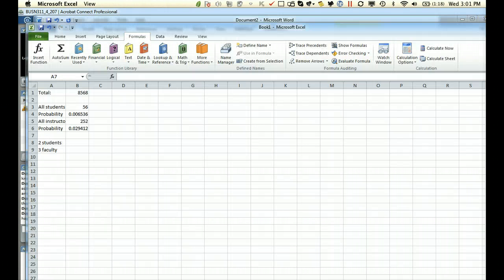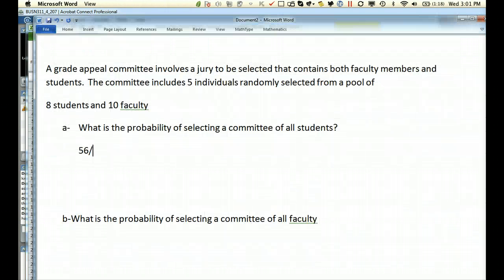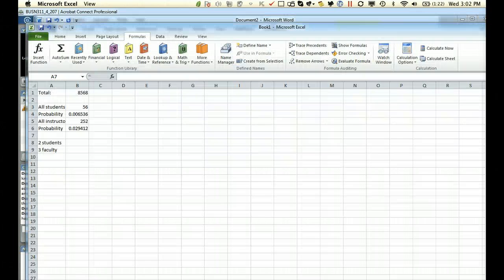I can't even remember now. 8568 equals 0.006. There you go. Now you're showing some work. 252 divided by 8568. Got to go back and look and see what that was. 0.029.